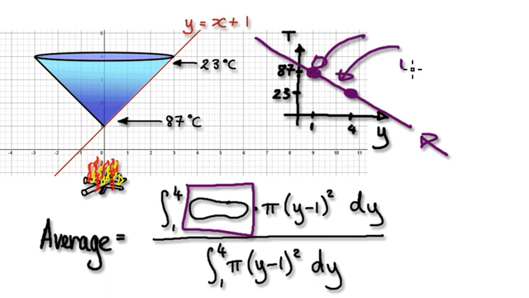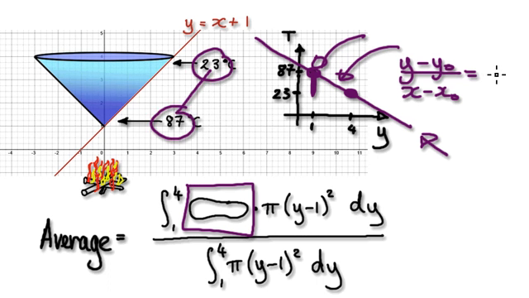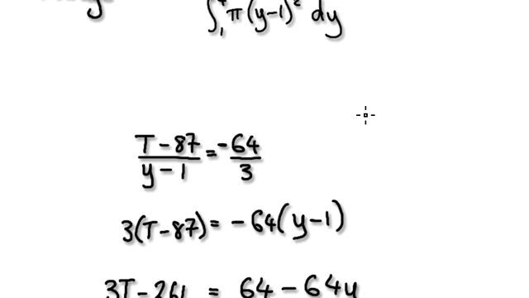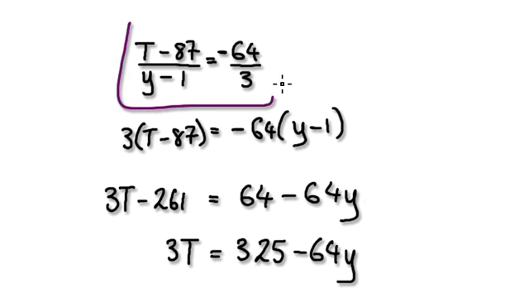Remember the equation for a straight line, it would be y take away y0 over x take away x0 equals a gradient. Well, the gradient of this thing here would be the height, which is the difference of the two here, which would be 64, and then the across here is 3. Okay, so this is the equation of our straight line here.